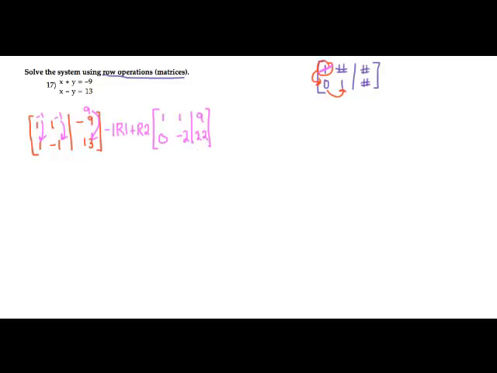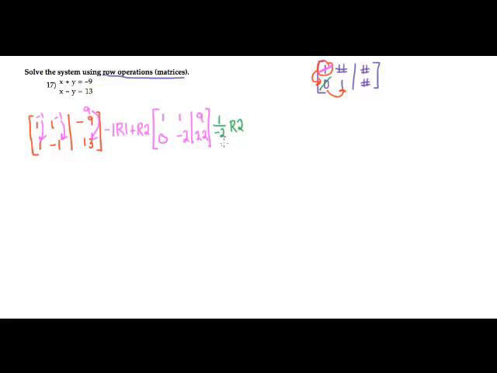So now, because we just got our 0 right here, we need to get a 1 where the negative 2 is. When we're trying to get a 1, we do 1 divided by whatever that number is that we're basically trying to get rid of. We're doing this to row 2 because that's where I want the 1. Because this was a negative 2, that's what's on the bottom of my fraction.